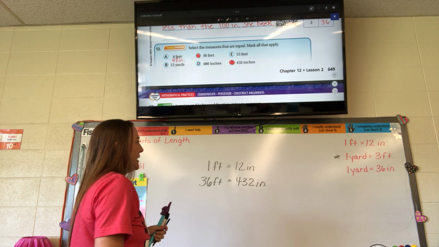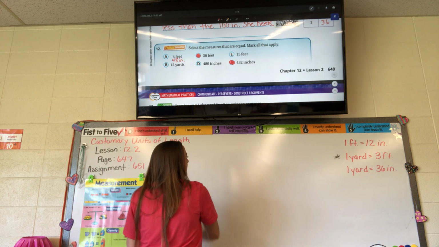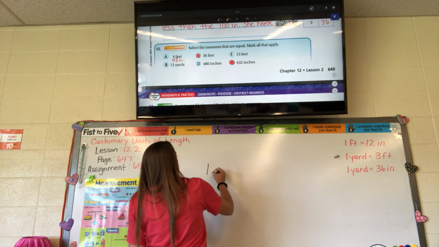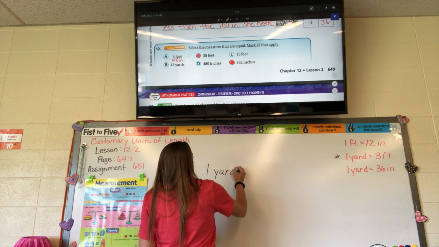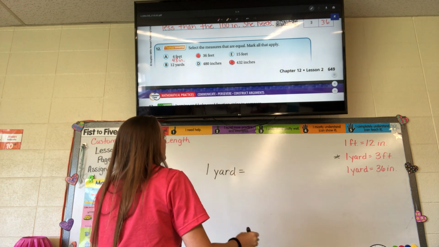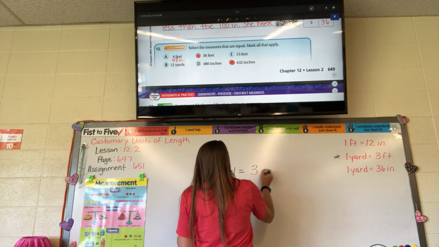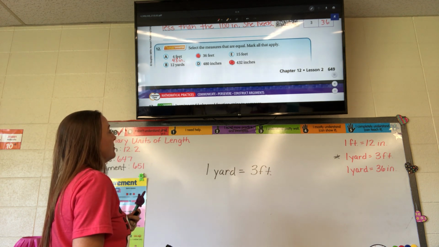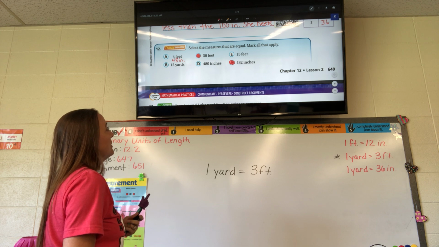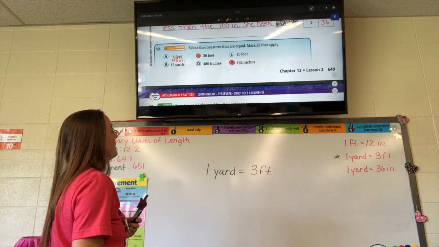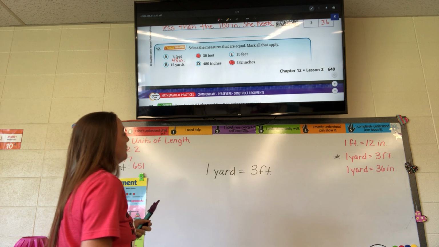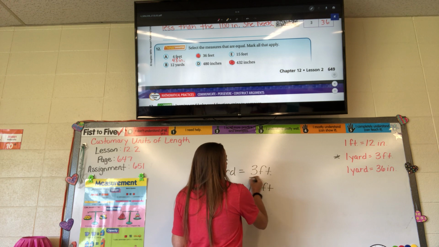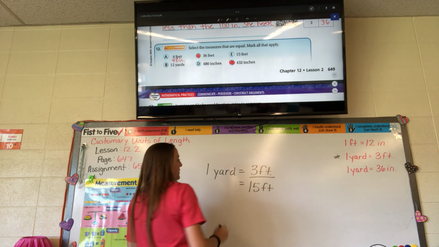If we know that 1 yard equals 3 feet, right? And they're giving us 15 feet, how many yards would that be?